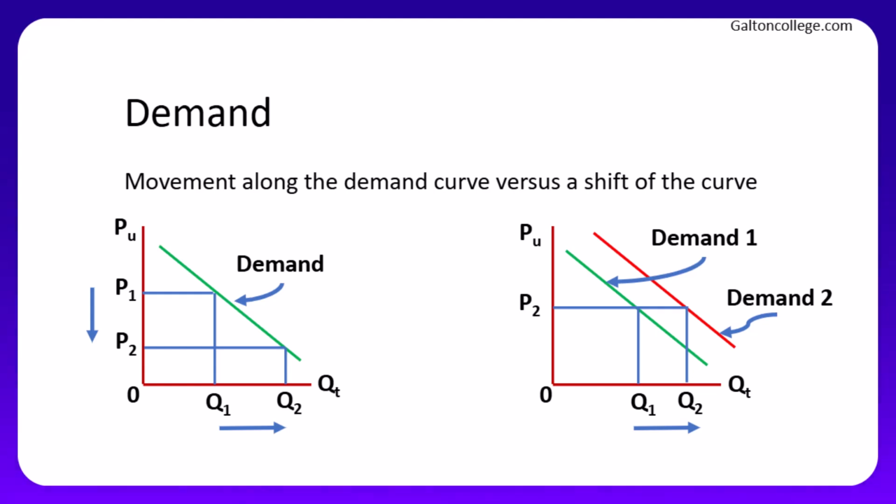We also can have shifts of the demand curve. Here on this one we have the price determining the demand, the price and quantity. That's all we've got here. But we could have an arrangement where we can imagine income being important, or tastes, or advertising, something else that will influence demand.